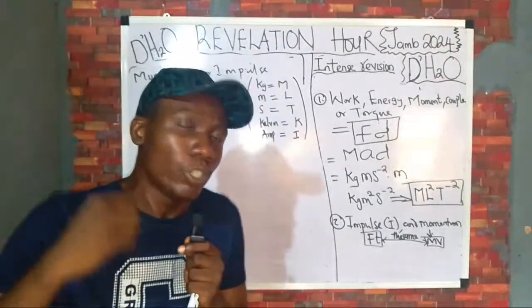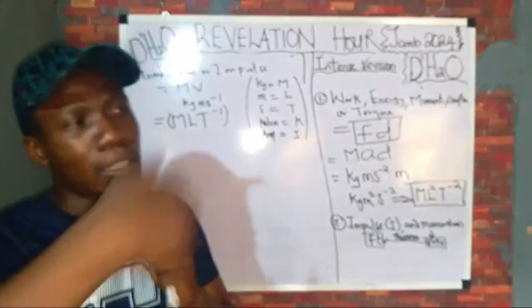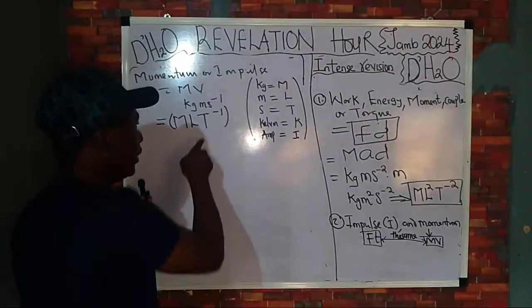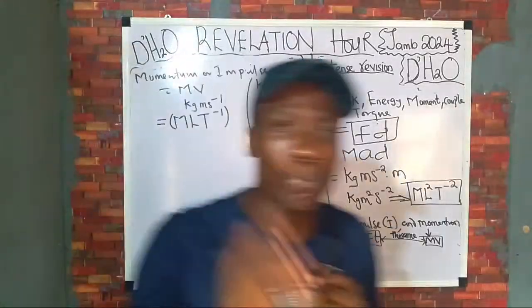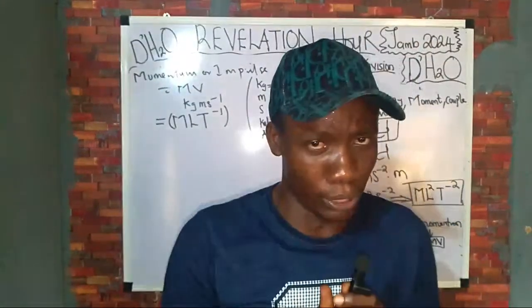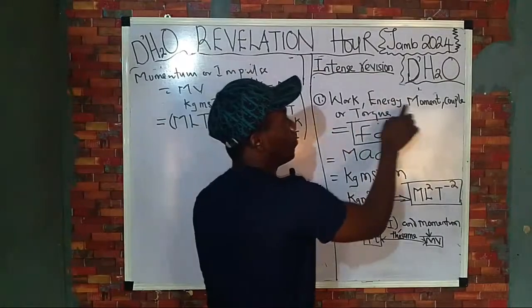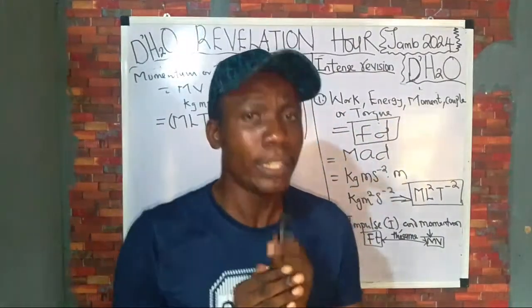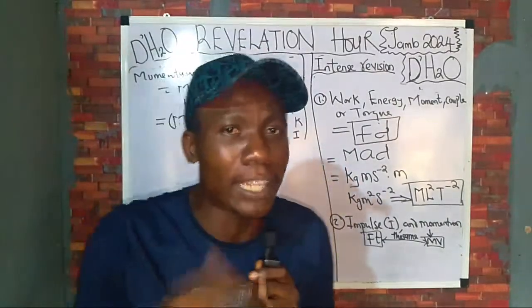Or if they say which of these units has the same dimension as momentum, the answer is what? Impulse. So take note, impulse and momentum, they have the same units. Your work, energy, moment, couple, and torque, they have the same what? Units. Okay, they are referred to as equivalent quantities.